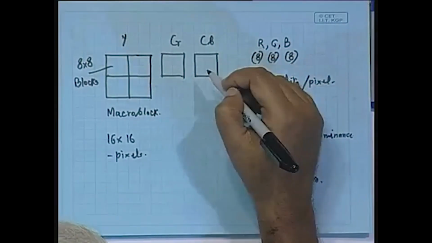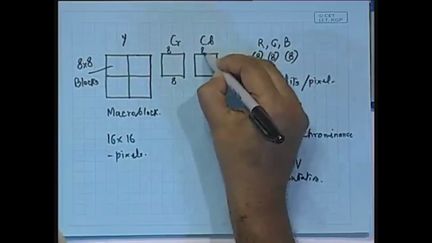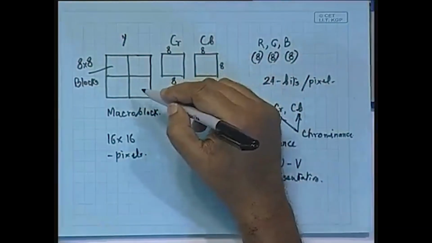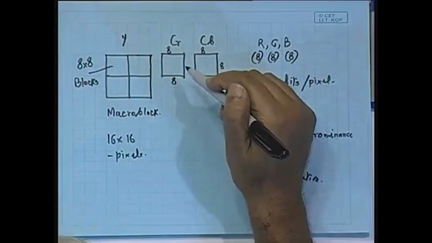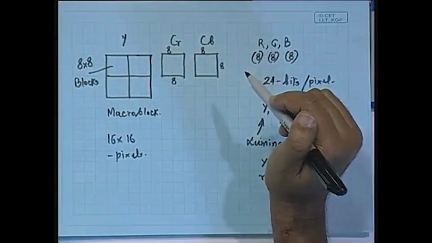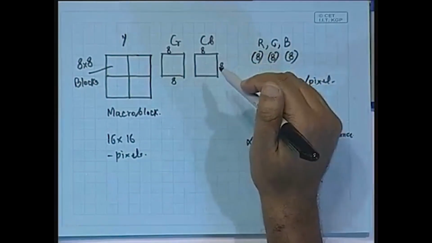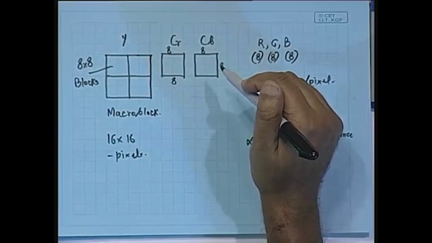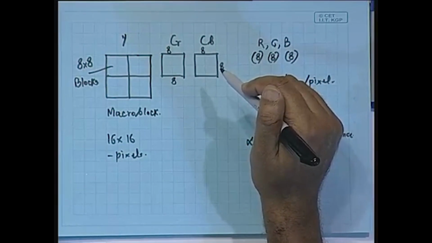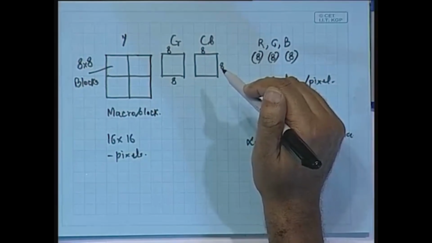So, we have essentially 6 blocks of size 8 by 8: 4 blocks corresponding to the luminance, 1 block corresponding to CR, and 1 block corresponding to CB. We can only do this because in the color space we can subsample by a factor of 2 without affecting the psychovisual performance.